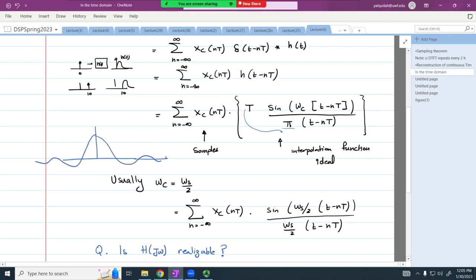Why is it not realizable, this filter? Because apparently it goes from negative infinity to infinity. It is not causal. Why is it not causal? This is h of t. Anybody knows why?